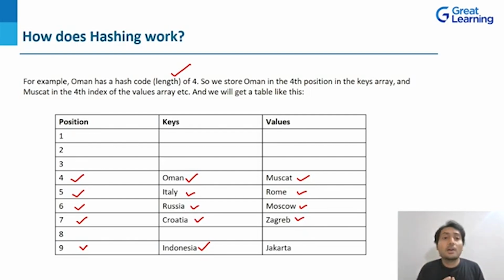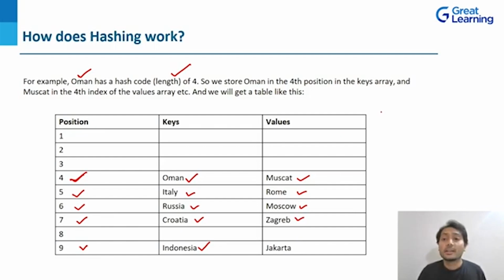Now to understand it in simple terms, we are considering our hashing function as finding out the length of that particular country. In this case it is Oman, the first insertion operation. So it is 4. We are simply inserting that in the position 4. Now the problem is, what if we have another country of length 4? At that time what will happen?